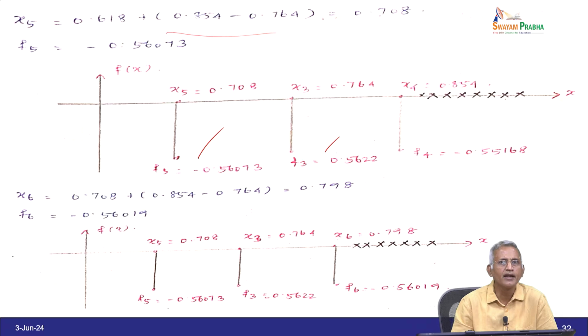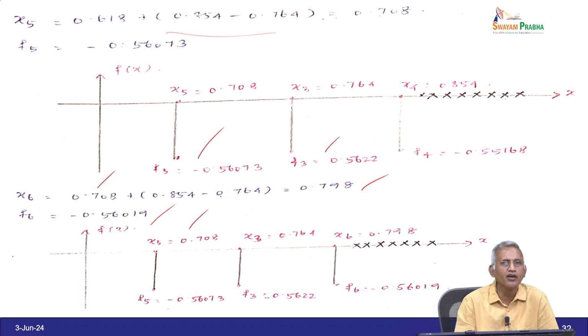So, the interval lies between x5 to x4, and then x5 initial value 0.708 plus x4 minus x3 equal to 0.798. Therefore, f of x6 equal to minus 0.56019.